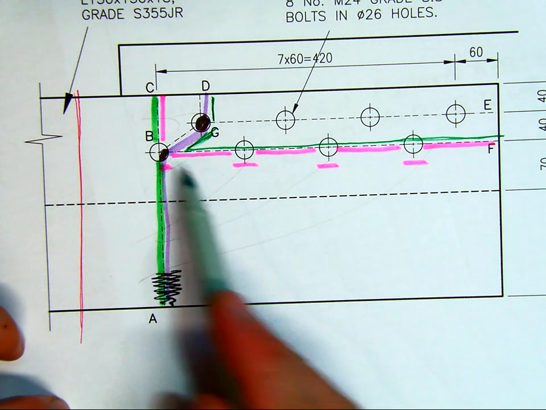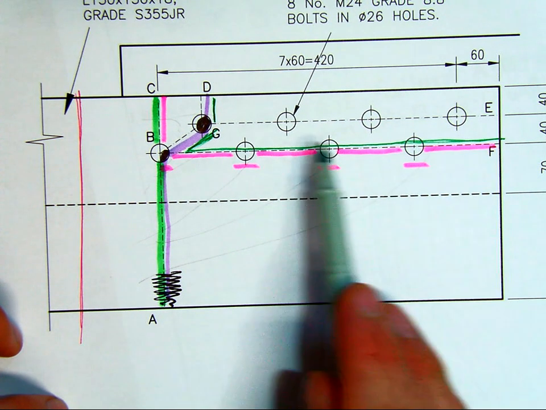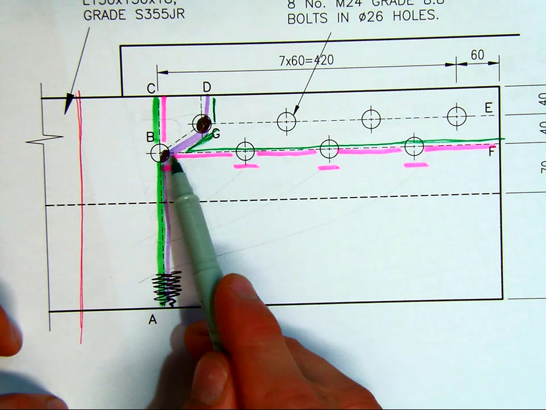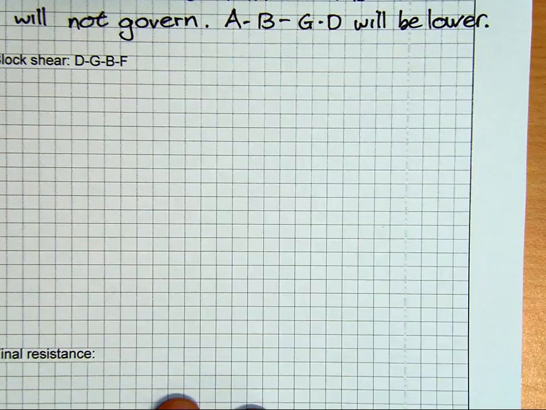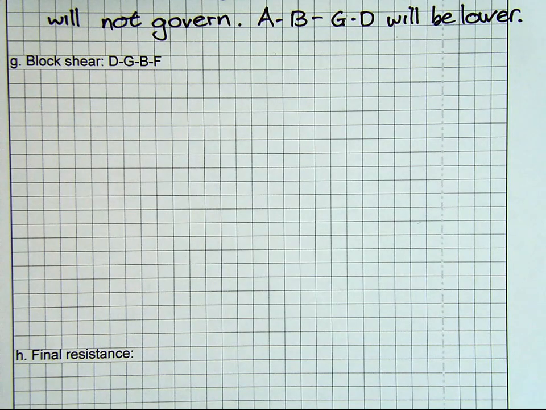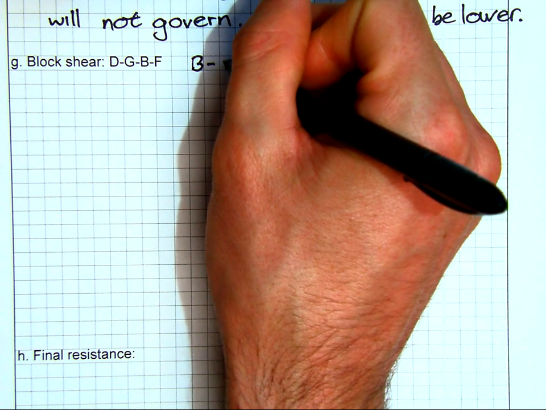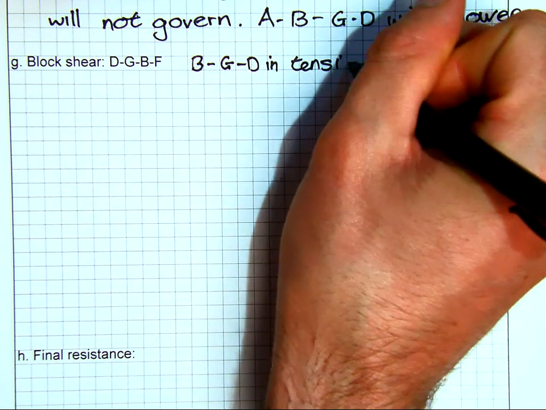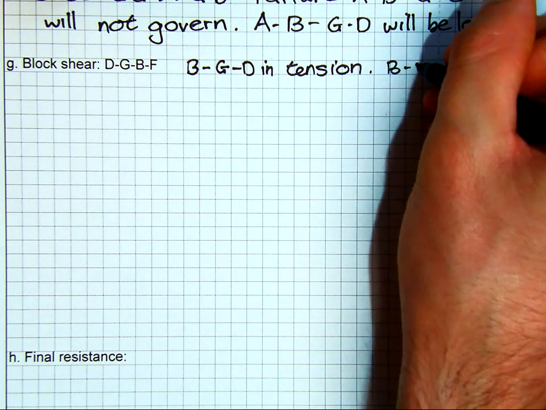Once again, there's a shear capacity there and a tension capacity there. We have already calculated the shear capacity along that line between B and F, so we don't need to redo that. We will only need to check the tension capacity at that corner when it comes to our working out now. So here we go back to block shear along DGBF. Now, once again, BGD is in tension, B to F in shear.